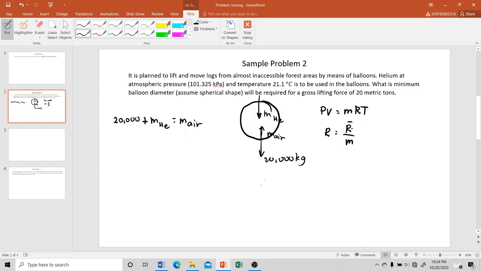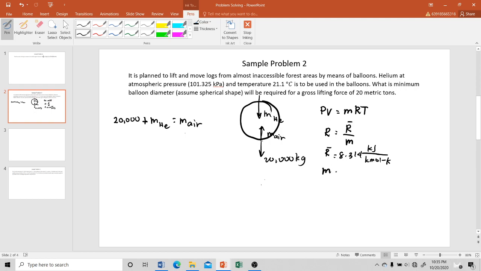R bar is the universal gas constant, and M is the molar mass. For R bar, the value of the universal gas constant is 8.314 in the metric system, kilojoule per kmol Kelvin.